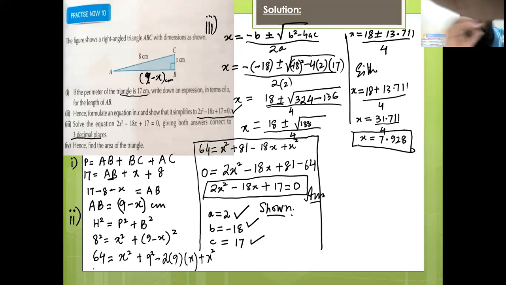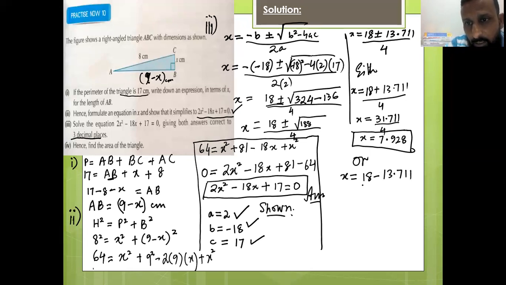Okay, now either or, what else? Or we need to subtract it. x equals 18 minus 13.711 upon 4.